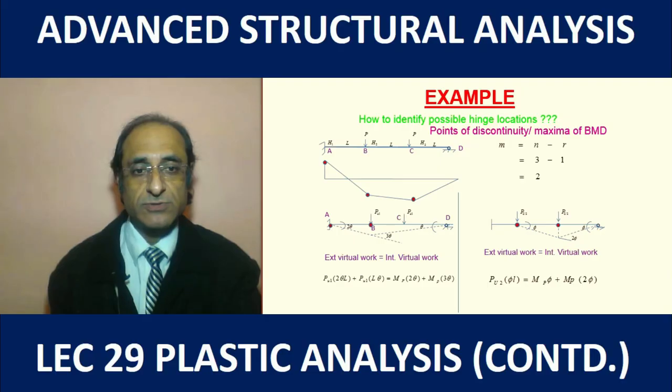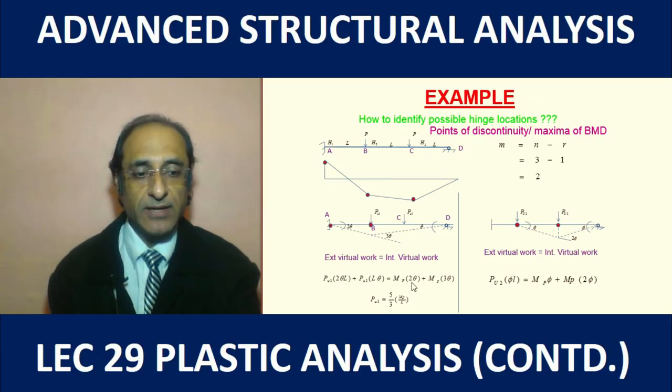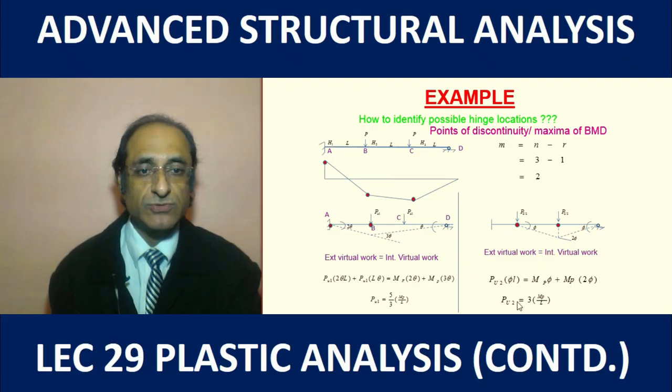We find that in the first case the ultimate failure load is 5/3 of MP by L, and in the second case it's equal to 3 MP by L. Of course the lowest of the two qualifies as a possible failure mechanism, so we can eliminate PU2 because of its higher value. This one is a possible mechanism, but we can be very sure only if it satisfies the equilibrium and the yield condition. So let's do that.